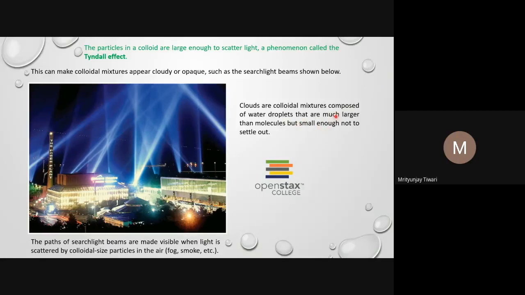So these droplets are much larger than molecules but small enough not to settle out. And the path of such light beams is made visible when light is scattered by colloidal sized particles in the air, and these colloidal sized particles are the particles of fog and smoke. That is why the path of such light is visible. And if the path is not visible, based on that you can see what the moisture content and other things are in the atmosphere.